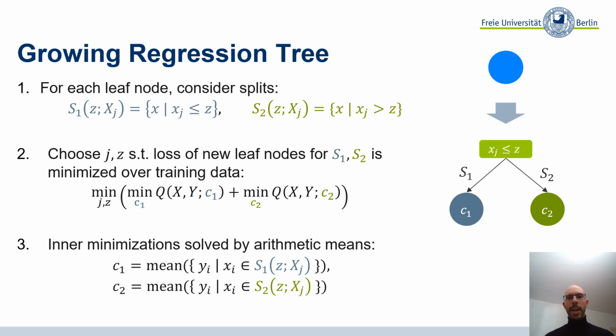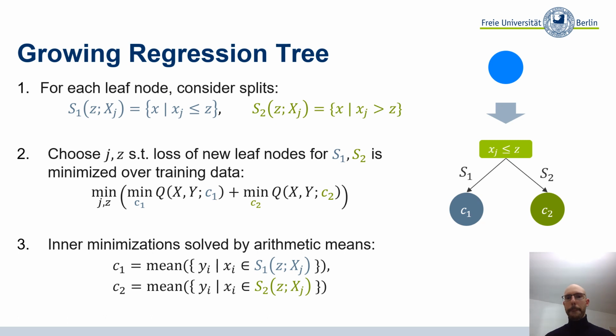So if you have a number of training data points xi that lie within the region S1, the value C1 that is going to give you the minimal mean squared error is the mean of all yi. And likewise for C2, the best prediction is going to be the mean of all values yi for all the training data that fall within the region S2.